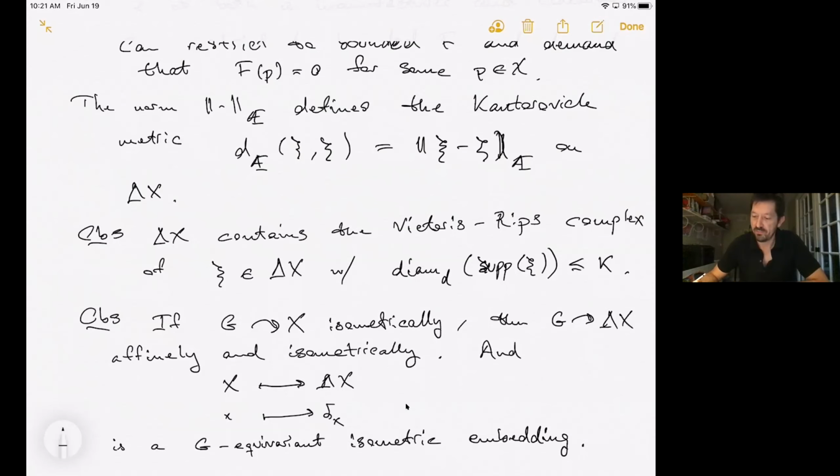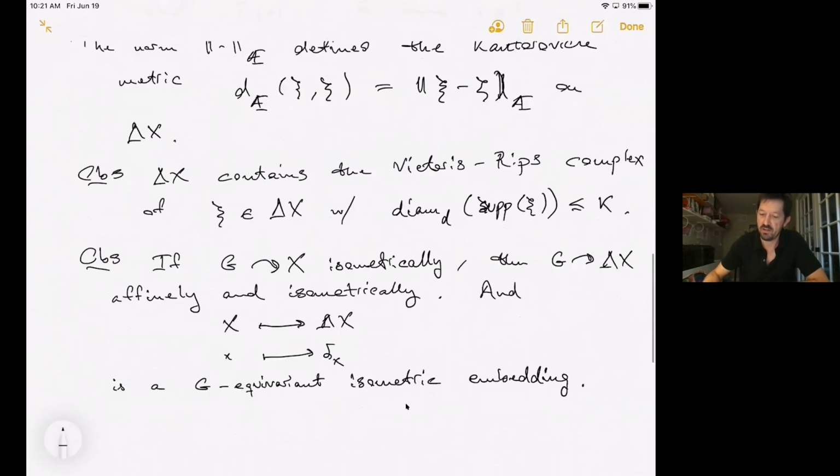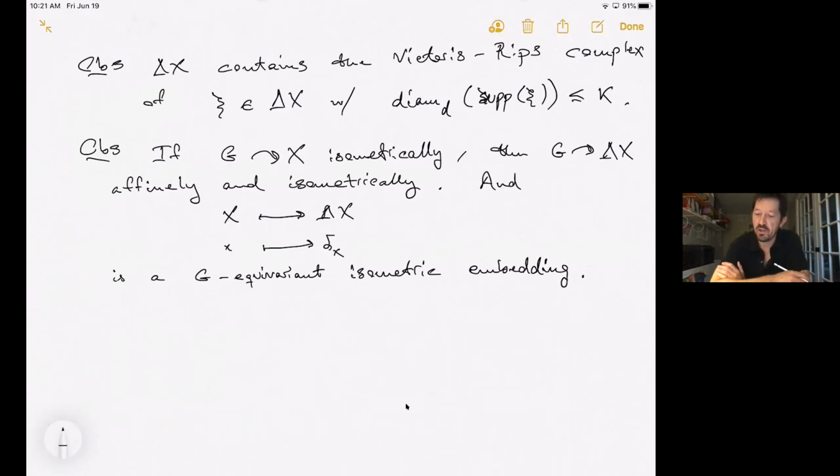So, well, what are the uses of it? Well, the problem with X is that there's no linear structure, there's no convex structure on it, whereas Delta of X is an object that's closely associated to it, and this Vietoris-Rips complex lies inside of it, which is even closer to X because it consists of points with convex combinations with bounded supports.